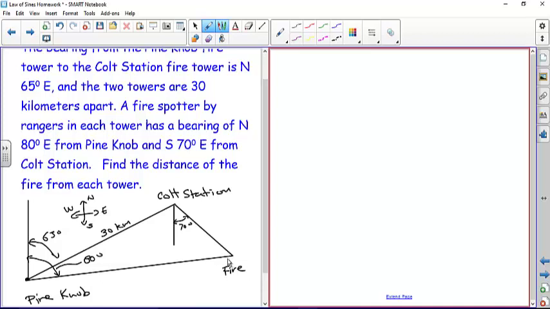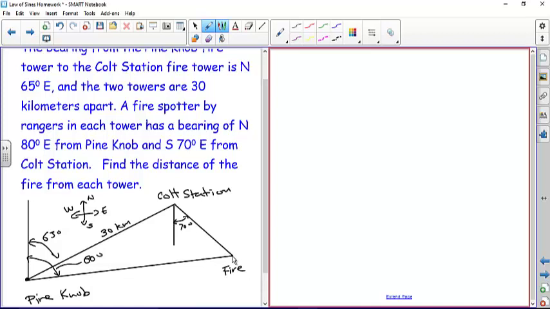And here you go south, 70 degrees east. So that's the bearing here. So now we have this triangle, and we have to figure out what the distance is. We have to figure out what this distance is from the Pine Knob to here and from Coal Station to here.